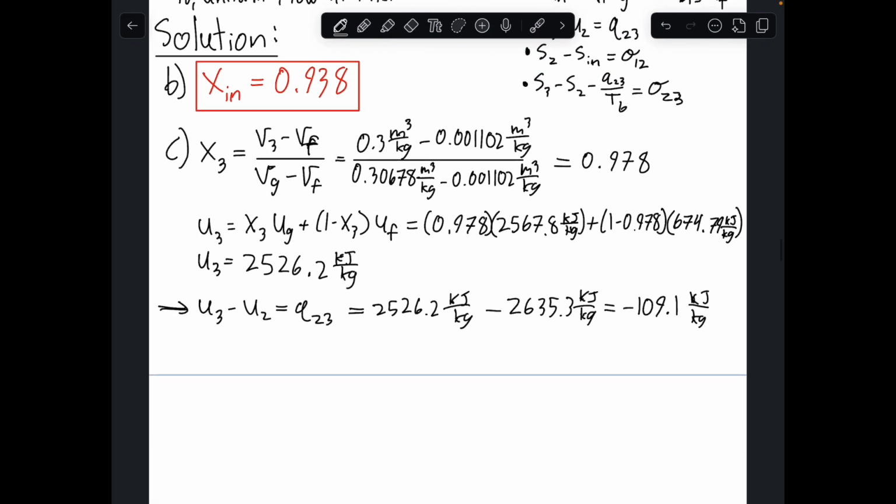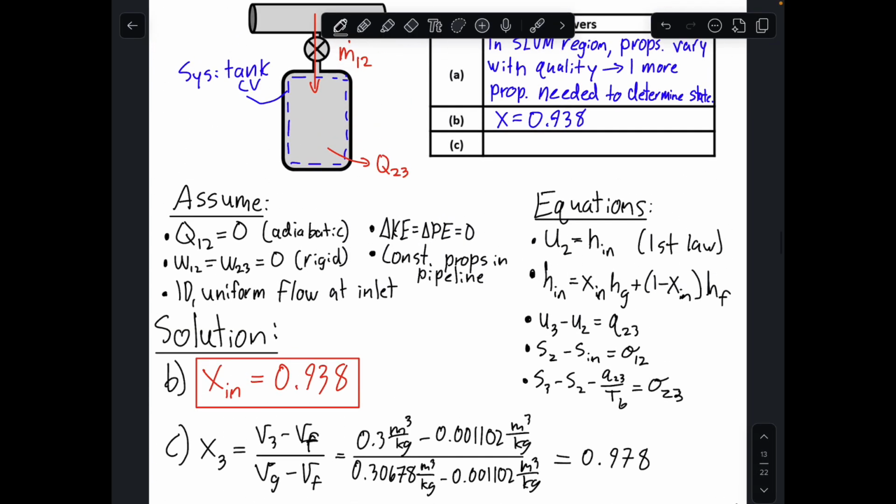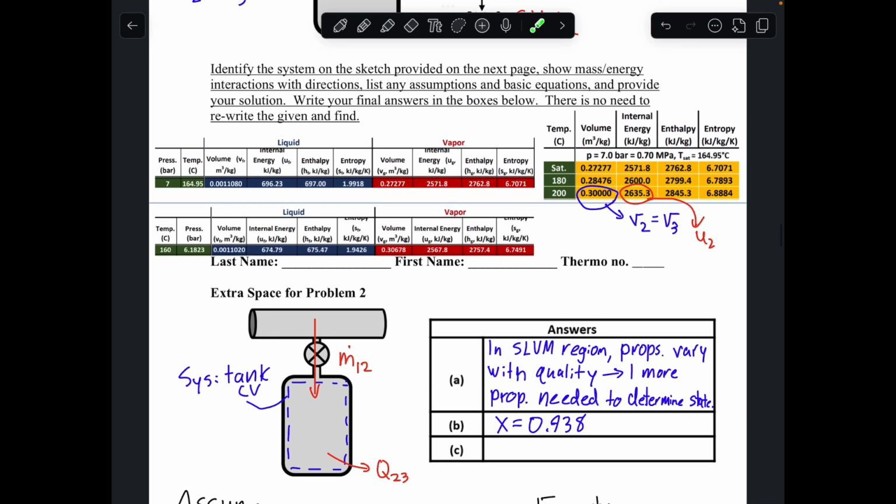So we'll apply second law for the first time by saying that S2 minus Sin should be equal to our entropy generation term from 1 to 2. S2 we can get from our steam tables up here. We have that our entropy term is right here, this 6.8884.